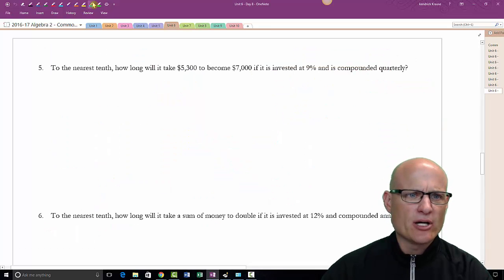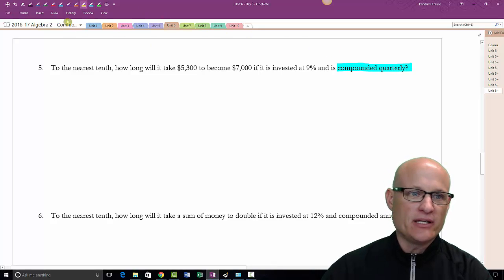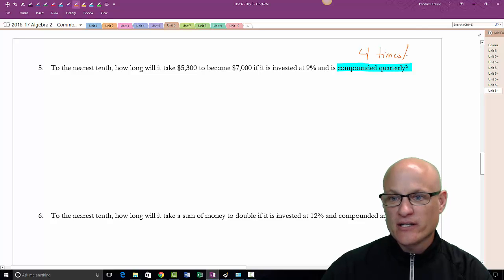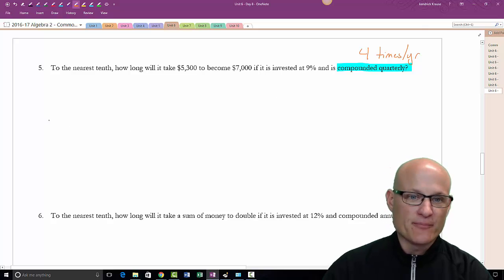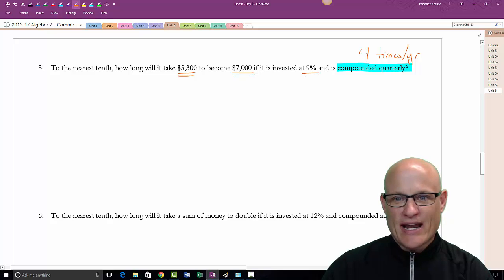Okay, here we go. We're compounding quarterly. Remember, quarterly means 4 times a year. So let's see. We want to take 5,300 and make it 7,000, and we got 9%.